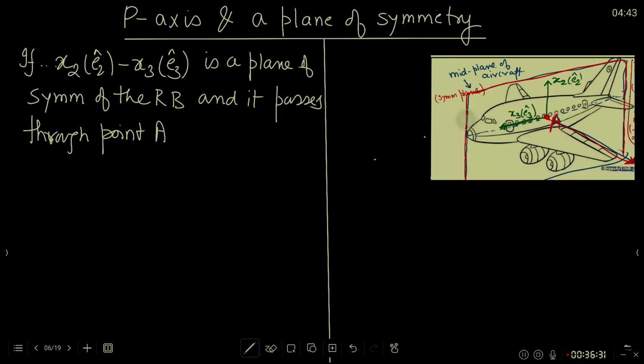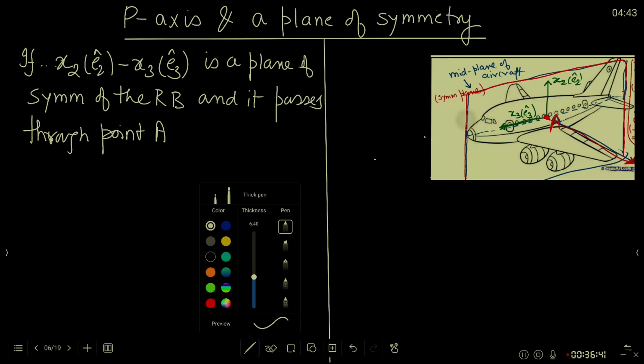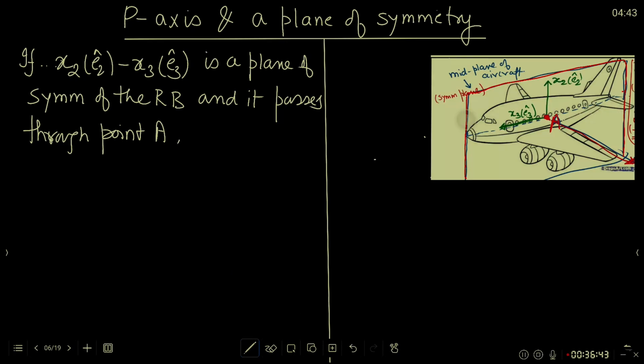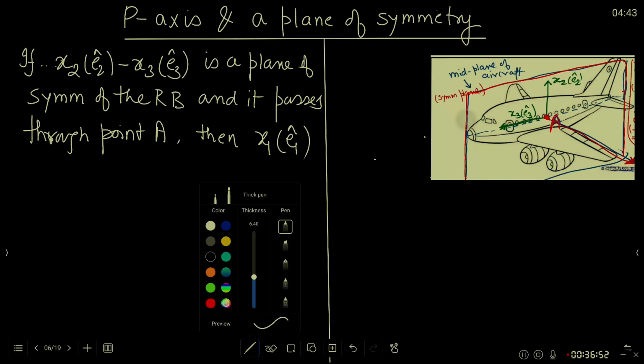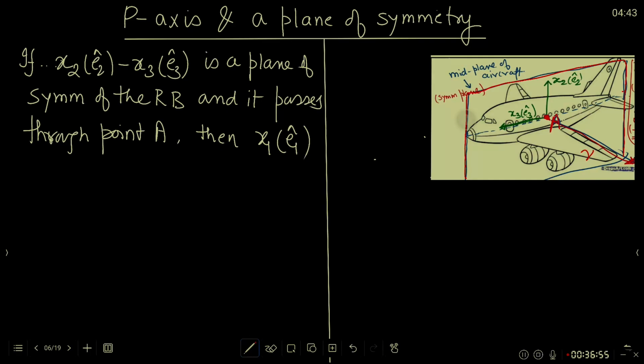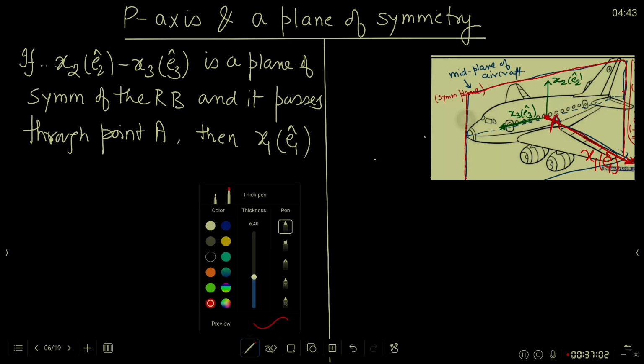If x2e2, x3e3 is a plane of symmetry of the RB and it passes through point A, then my claim is that the x1 e1 axis, which is not clearly visible here, but this red axis that I am trying to draw, that is the x1 e1 axis, is a p axis.